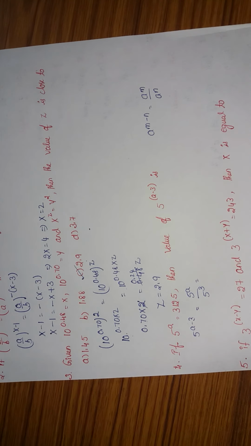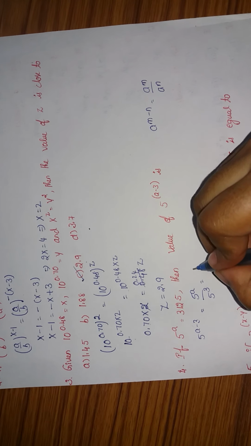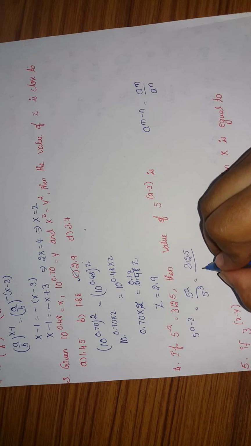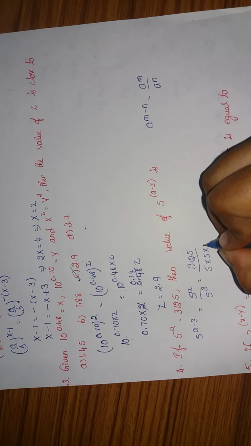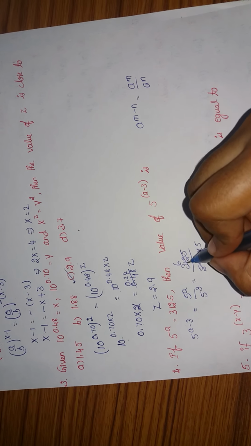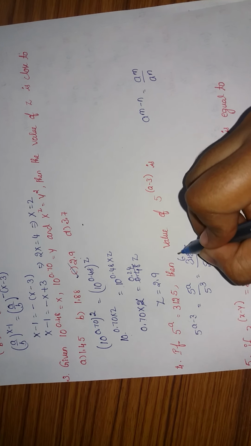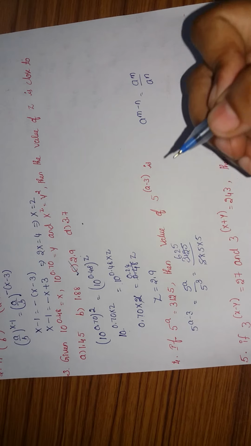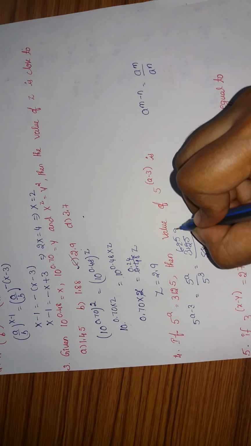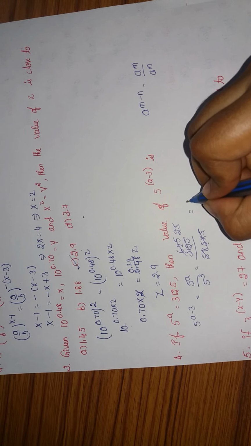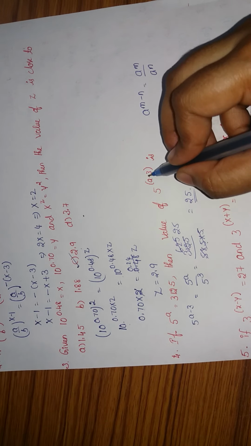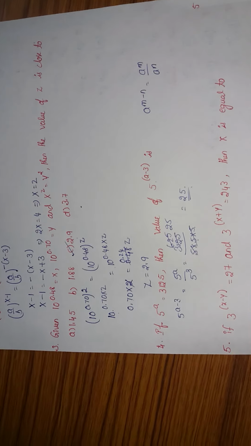What is the value of 5 power a? 3125, and 5 cube can be written as 5 into 5 into 5. So we can cancel it. 5 sixes are, and 5 twos are 5 fives. So 5 fives is 25, 25 fives is 625. So here the value is 25. 5 power a minus 3 is 25.